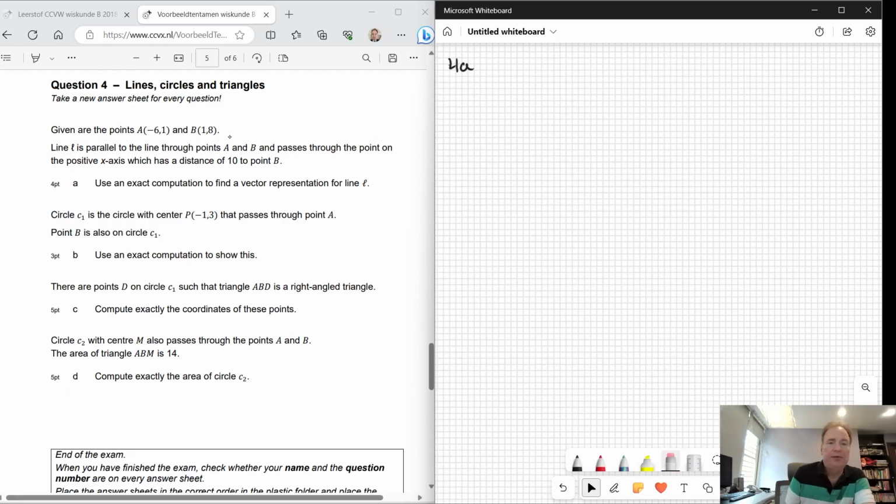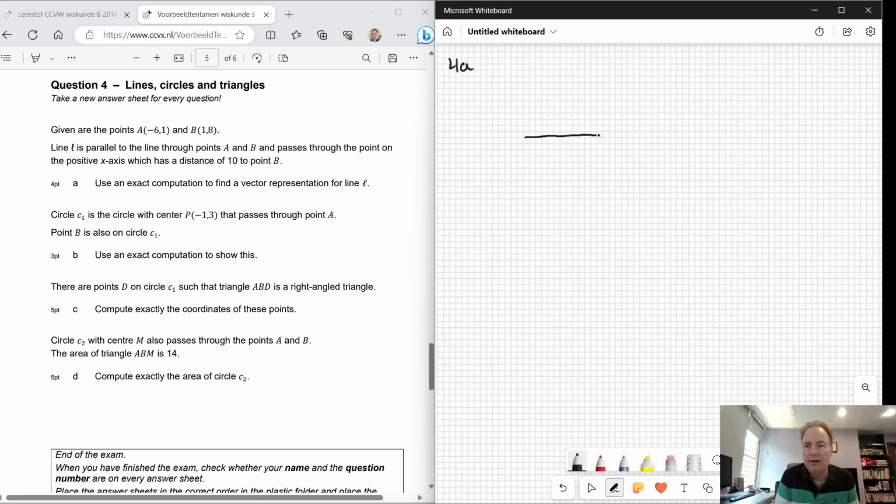So we have these points A, minus 6, 1, and B, and line L is parallel to the line through A and B, but it passes through the point on the positive x-axis which has a distance 10 to point B. So let's try to draw that situation.